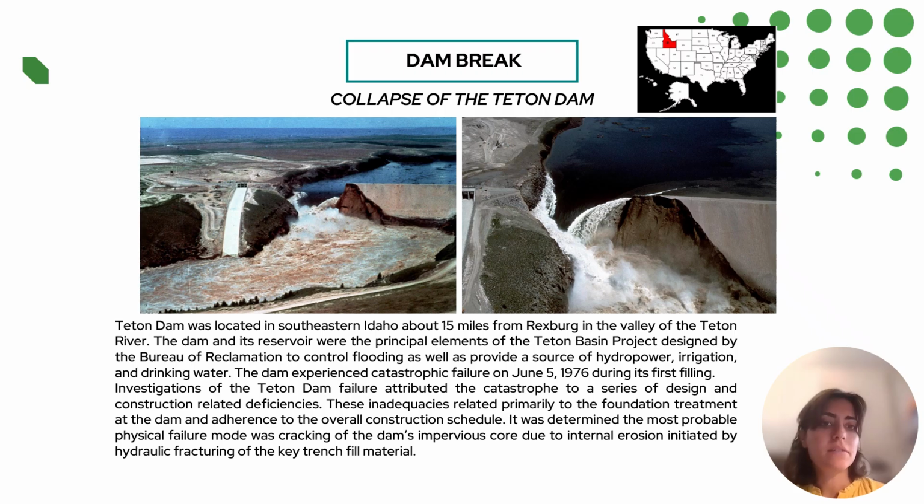So this disaster highlights a crucial lesson. While dams are essential for society, their design, construction, and maintenance must follow the highest safety standards. The collapse of the Teton Dam remains a reminder of how even small oversights can lead to catastrophic consequences.